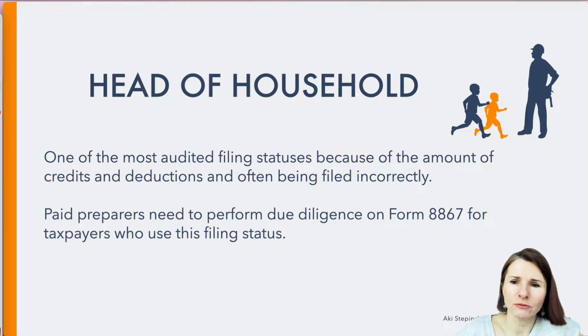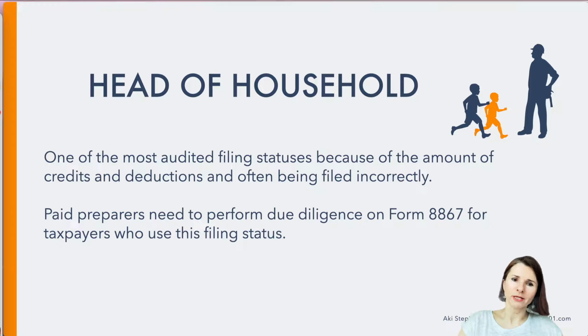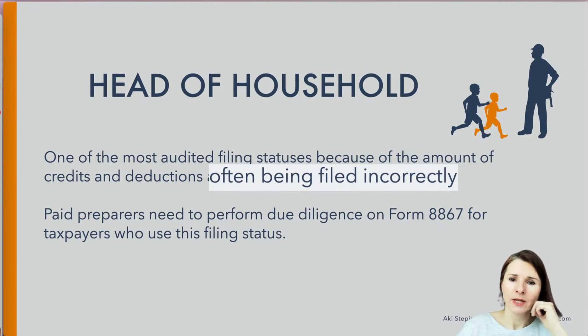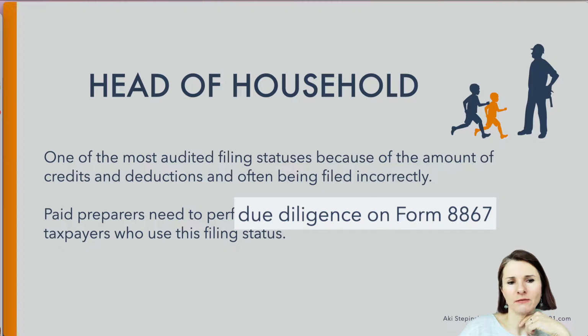Now, things to consider when you're filing head of household. It's one of the most audited filing statuses because the credits and deductions we talked about are higher for that status than if you're filing single, and it's often filed incorrectly. Paid preparers need to perform due diligence on Form 8867.